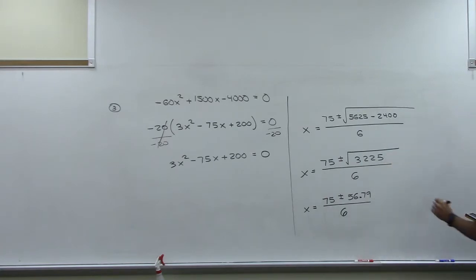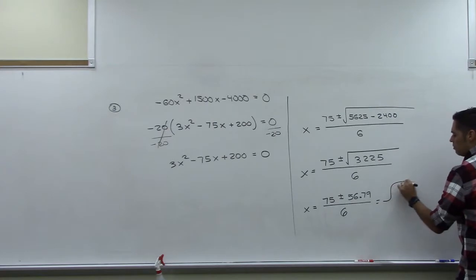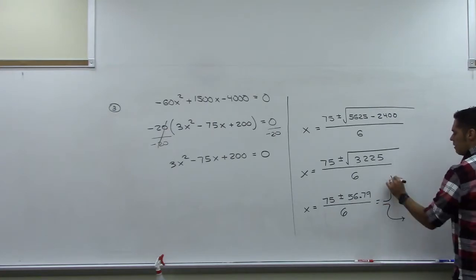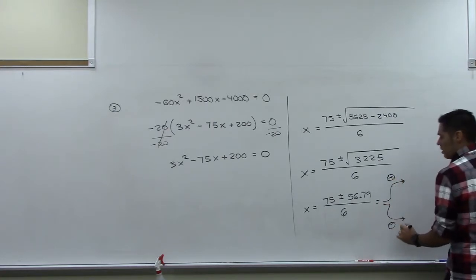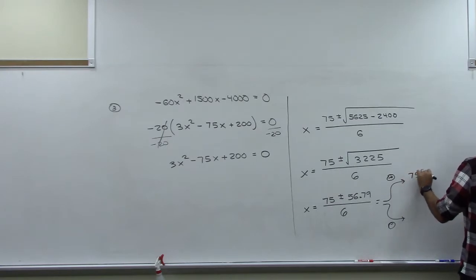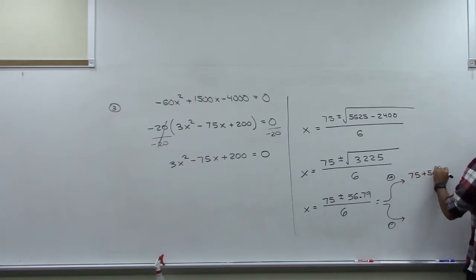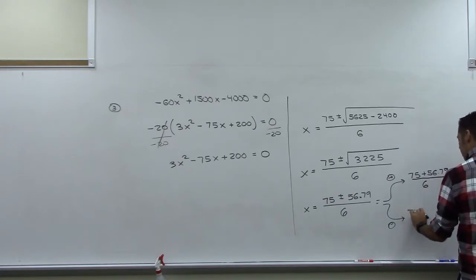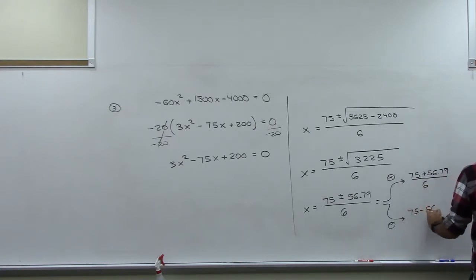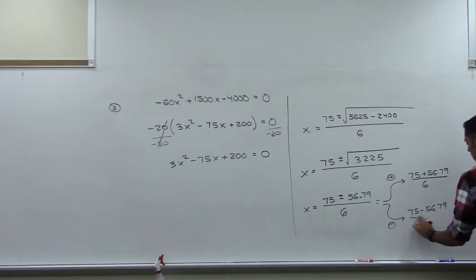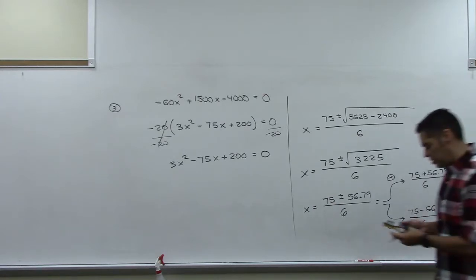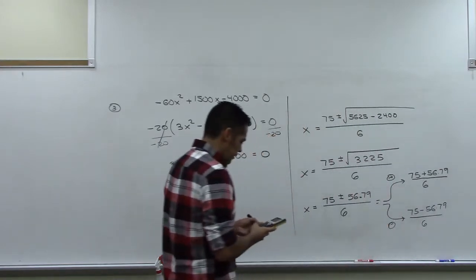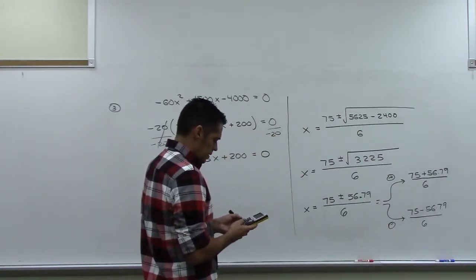And now I've got my 2 little cases to look at, my 2 roads to follow here, the plus and the minus. So if I add, I'm going to do 75 plus 56.79 and divide by 6. And then on the bottom one, I'll do 75 minus 56.79 and then divide that by 6. Okay, so let me get those 2 answers. Plus 75, divide by 6.